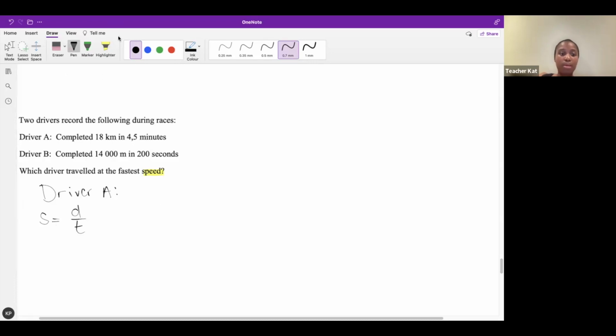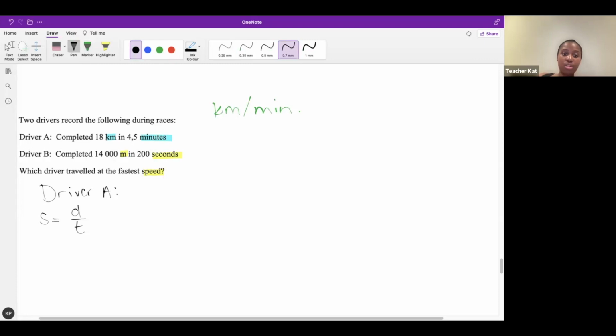Now we have a problem here because we cannot compare someone that is going kilometers per minute to someone who's going meters per second. So how are we going to convert? I think it will be easier to convert all of them to kilometers a minute. What do you guys think? Otherwise, we'll be working with very big values, right?